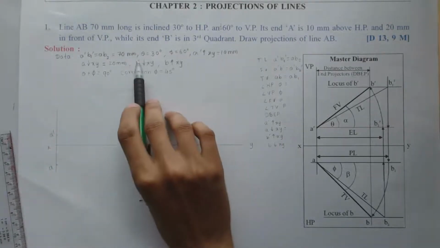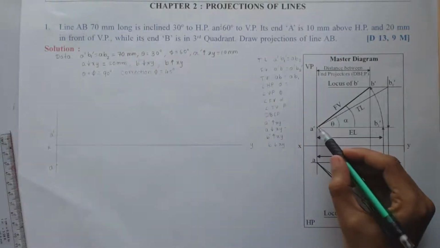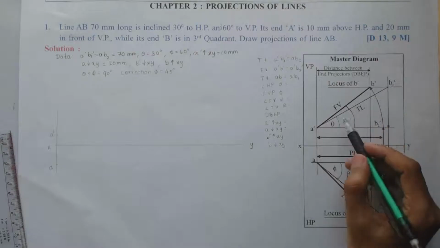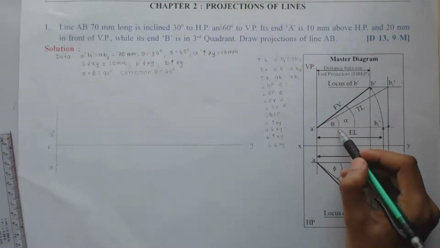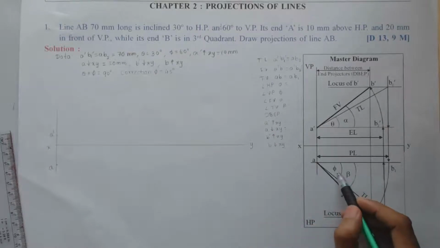Now we know the true length and true inclinations. So I can directly mark the true length A dash B1 dash at an angle theta, and similarly true length AB2 at an angle phi.